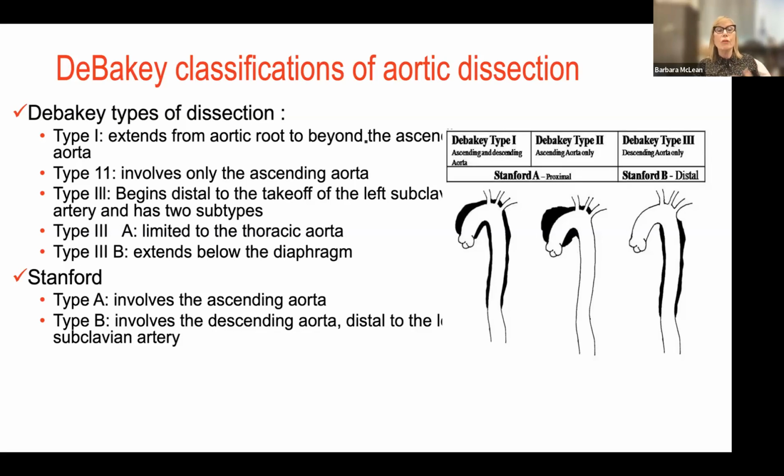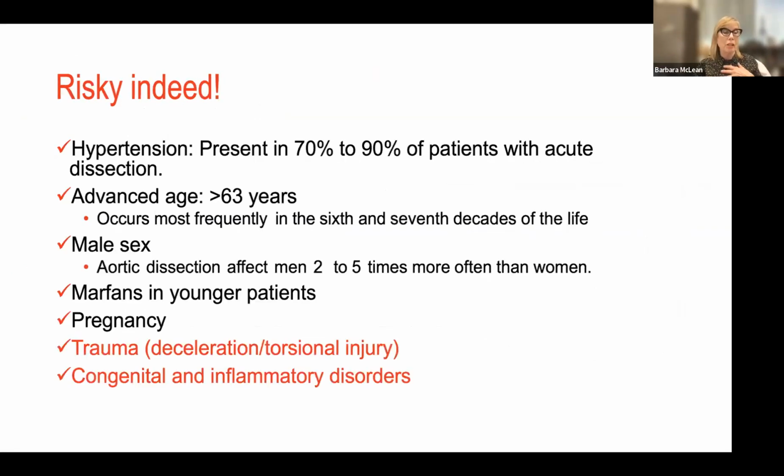Type A Stanford is ascending. And if type B is involved in here or type 3 is involved in here, that means that we've got some other subtypes. Subtypes, it's either thoracic or diaphragmatic. And what you need to remember, type 1, ascending, is a surgical emergency. That's what we have to consider.